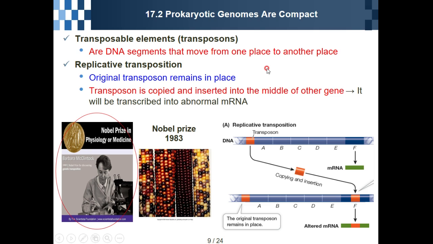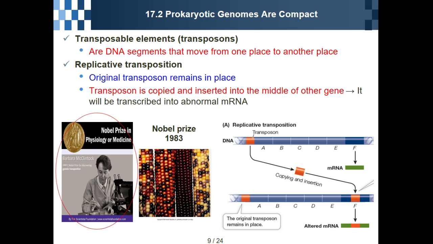This is the Nobel Prize winner, Barbara McClintock. She received the Nobel Prize in 1983, but she found this phenomenon in the 1940s. At that time we didn't know about DNA, but she found this phenomenon.